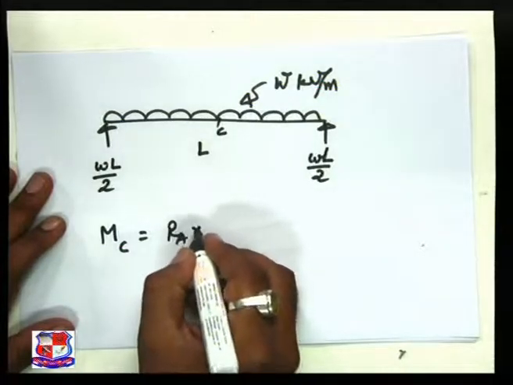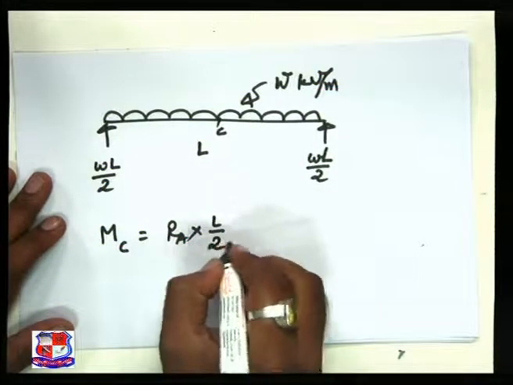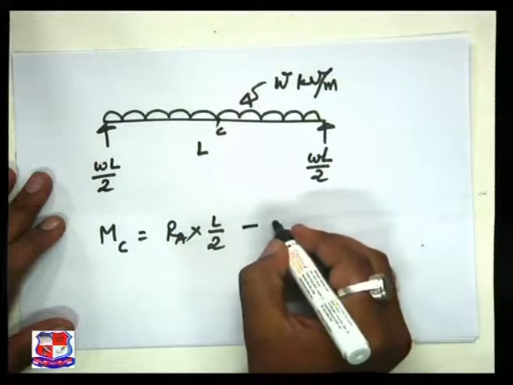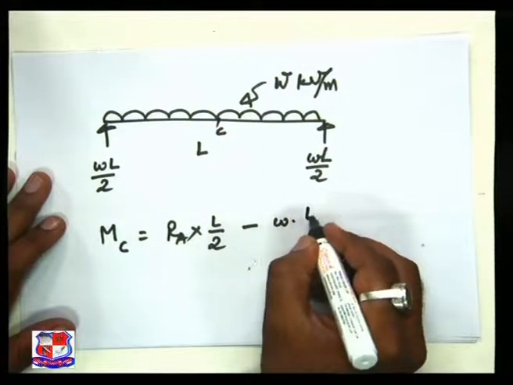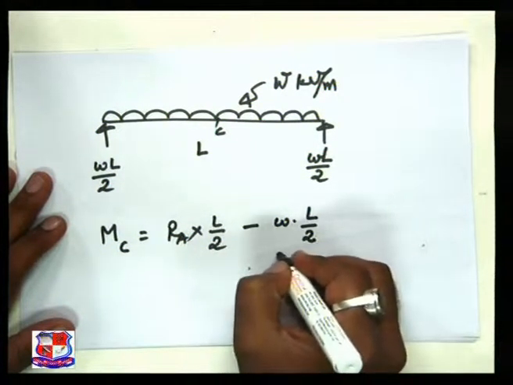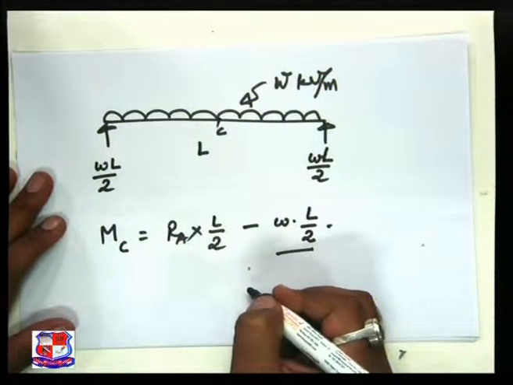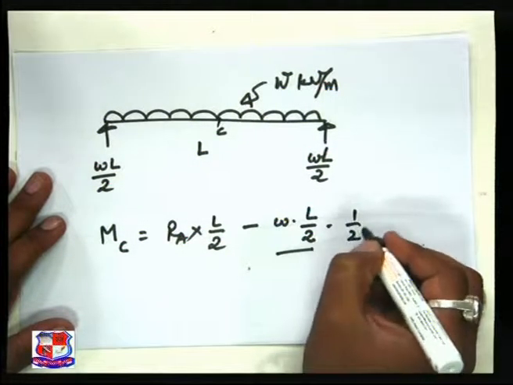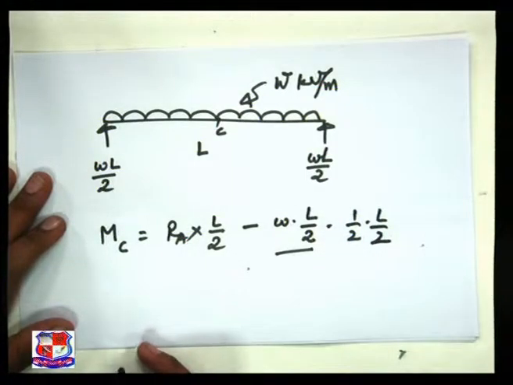This is the center, then the moment at the center is RA into L by 2 minus W into L by 2. This is the load, multiplied by half of L, that is L by 2.